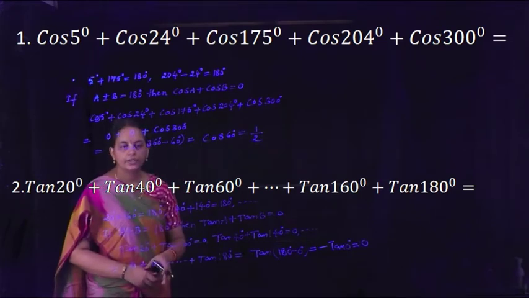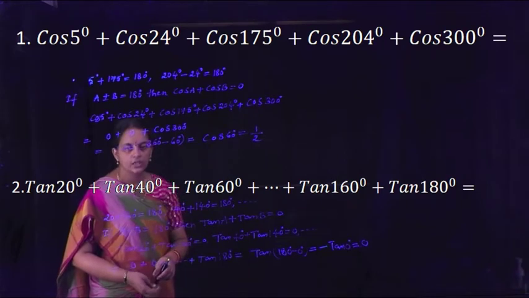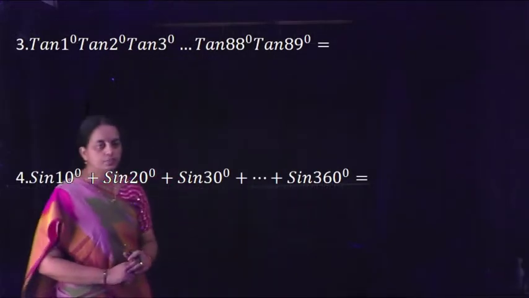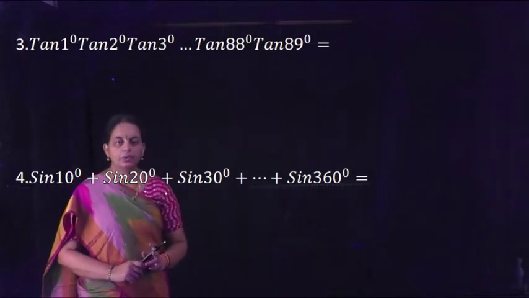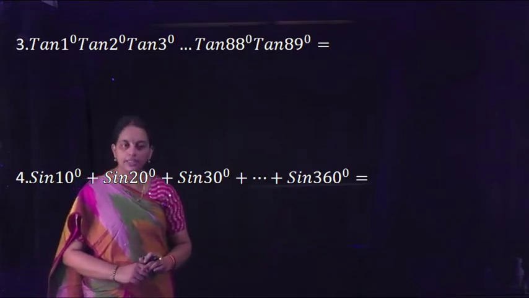Hence, tan 20 plus tan 40 plus tan 60 plus and so on plus tan 160 plus tan 180 is equal to 0. Next example is tan 1 degree into tan 2 degrees into tan 3 degrees into and so on tan 88 degrees into tan 89 degrees.